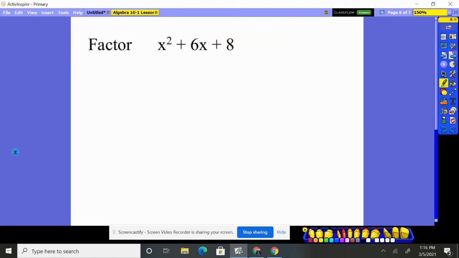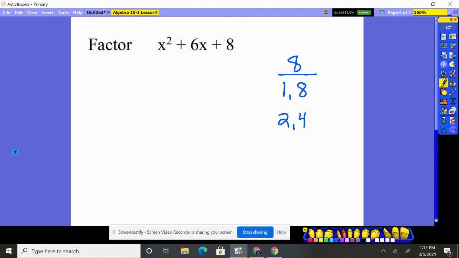So let's say we wanted to factor x squared plus 6x plus 8. How do I start? Well, every time we're going to start with looking at that back number, the 8. We know that the two things multiplied together gave us 8. What are the only possibilities? There's 1 times 8 and 2 times 4. Those are the only possibilities that give you that 8 at the end.